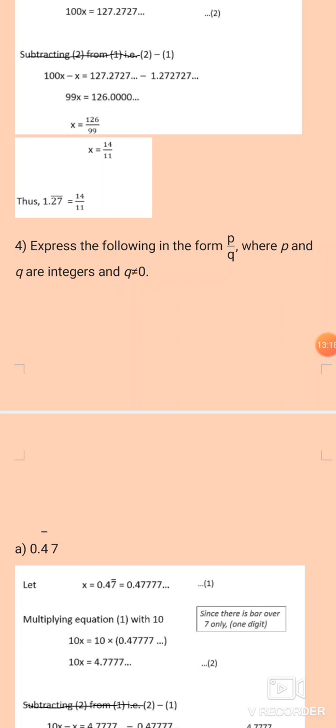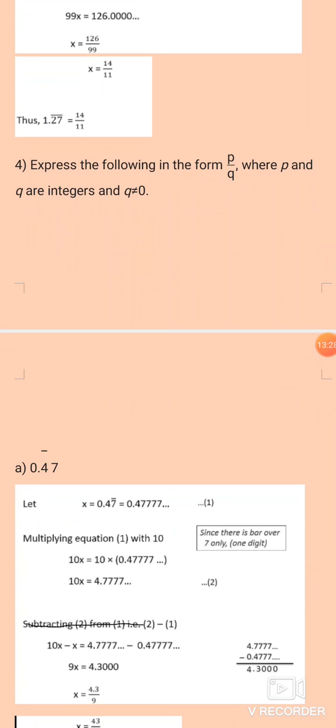You can verify it. 0.47 bar. Only the 7 has the bar. Below that, listen. So let x is equal to 0.47 bar, that is 0.477 etc. Put equation number 1. After that, we need to multiply equation number 1 by 10, because the first number 4 we need to change into the whole number part.